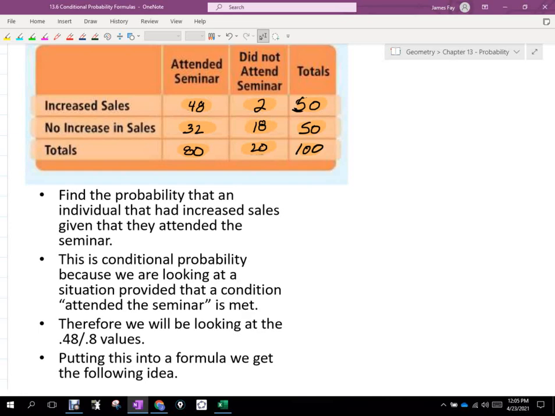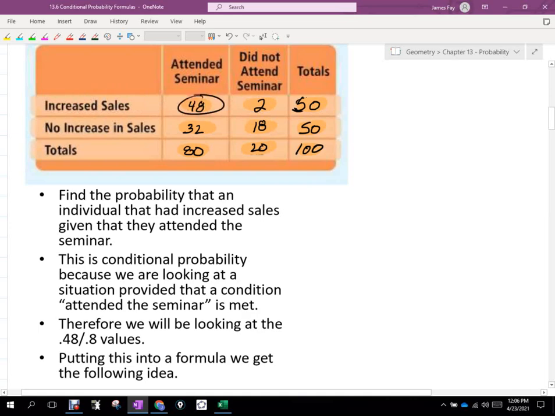You're going to have a data value for did not attend seminar and had increased sales, okay? And those data values are found at the cross section of these. This is referred to as a contingency table. Not necessarily a vocab word that you need to know, but when you get contingency tables, you intersect a row with a column. Does that kind of make sense?